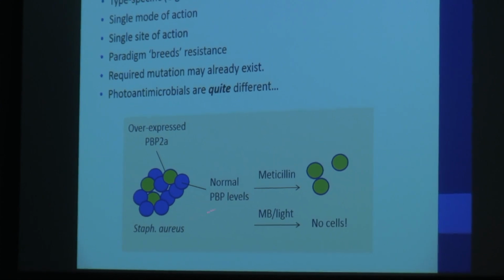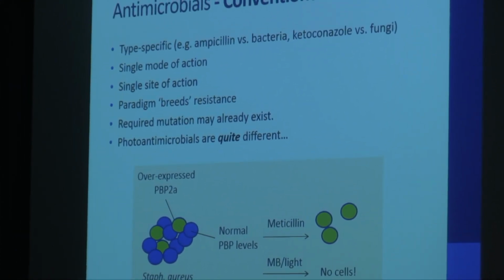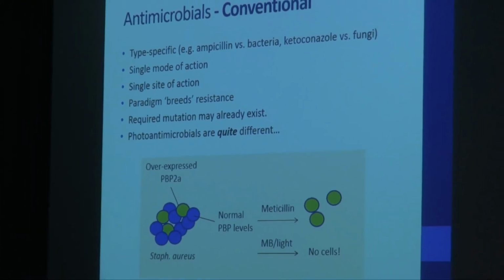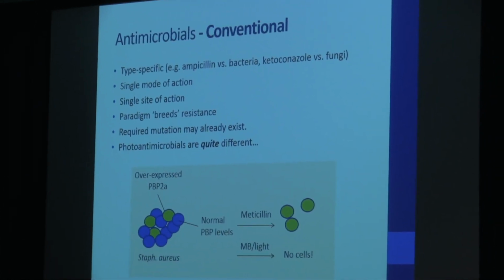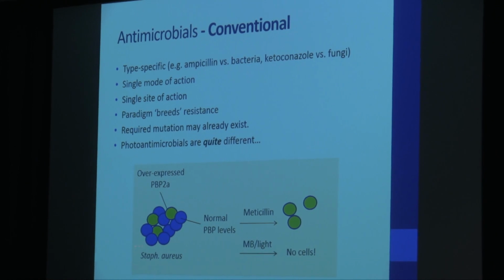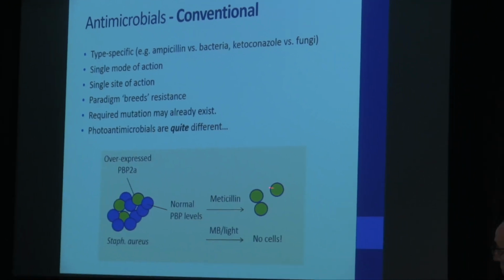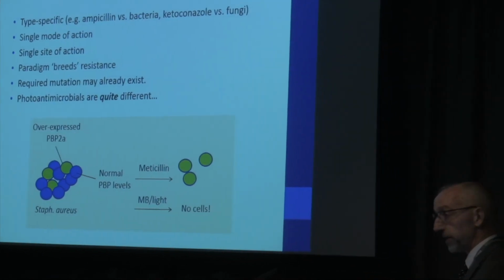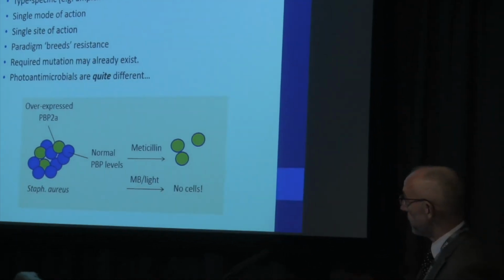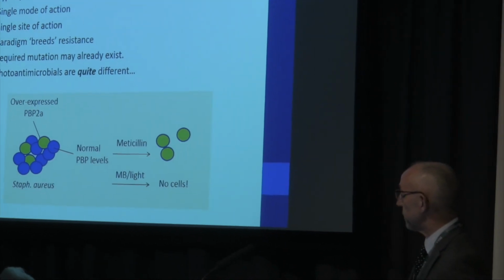If it was Staph aureus with overexpressed penicillin binding protein 2A, that gives resistance against methicillin. So everything gets killed by the methicillin except these cells. These cells then can go on and proliferate, and you get a resistant population, which is where the danger comes in, and we get mortality.